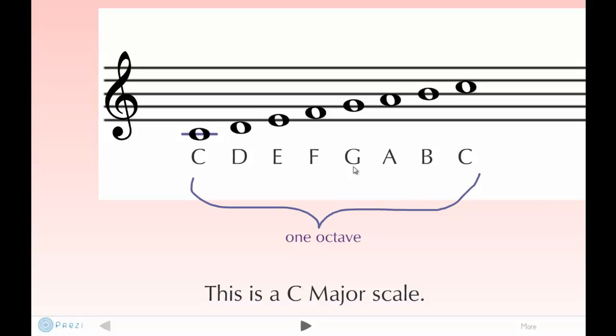When you get to 12, you start over again at 1. When you get to G, you're going to start over again at A, and we'll go on up A, B, C. So every scale needs to start and end on the same letter name and needs to step up alphabetically.